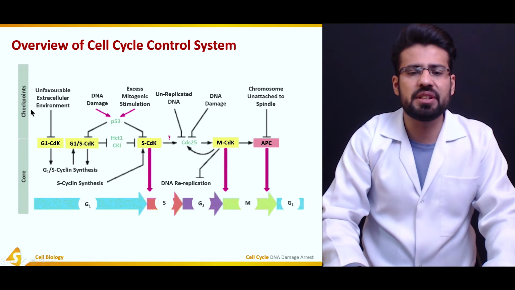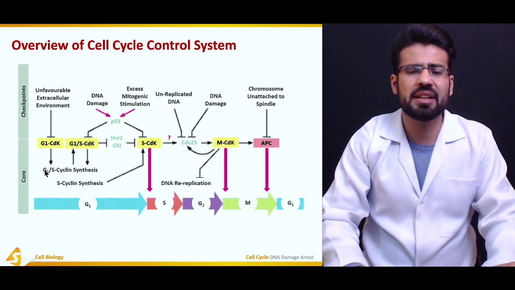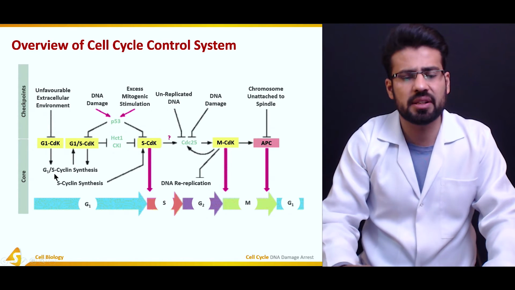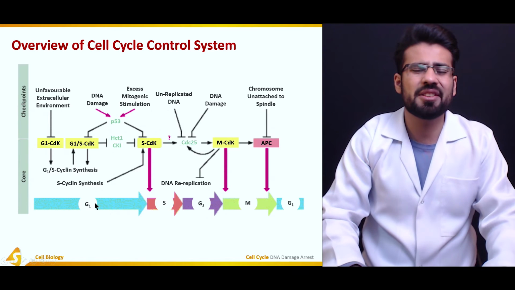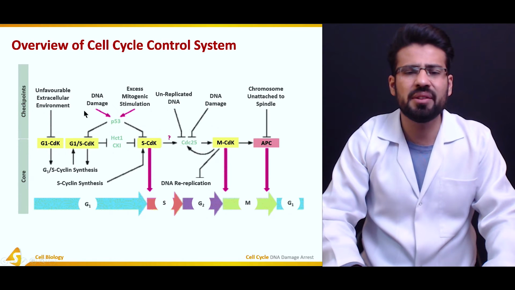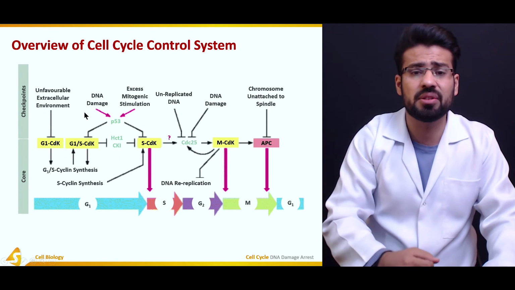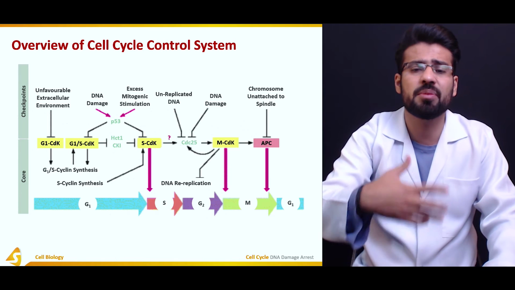So starting off with the G1, first of all, the G1 CDK molecule is being stopped, which basically results in the G1-S cyclin synthesis and the S cyclin synthesis being stopped. Both of these are stopped in the presence of an unfavorable extracellular environment, or if there is damage to the DNA, or if there is excess mitogenic stimulation.